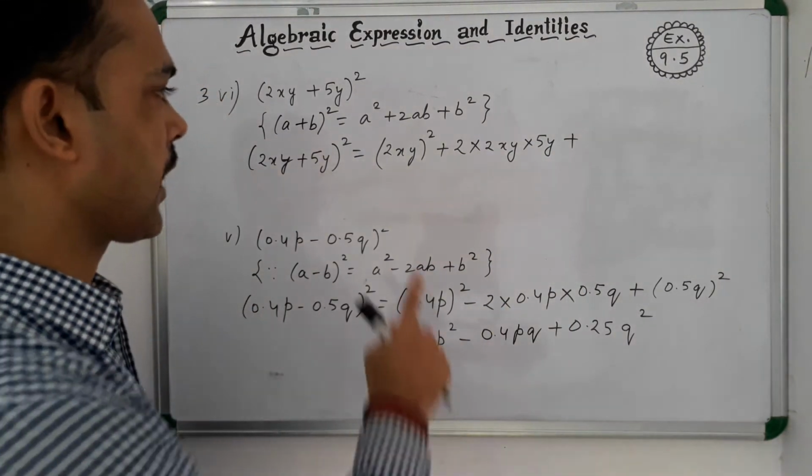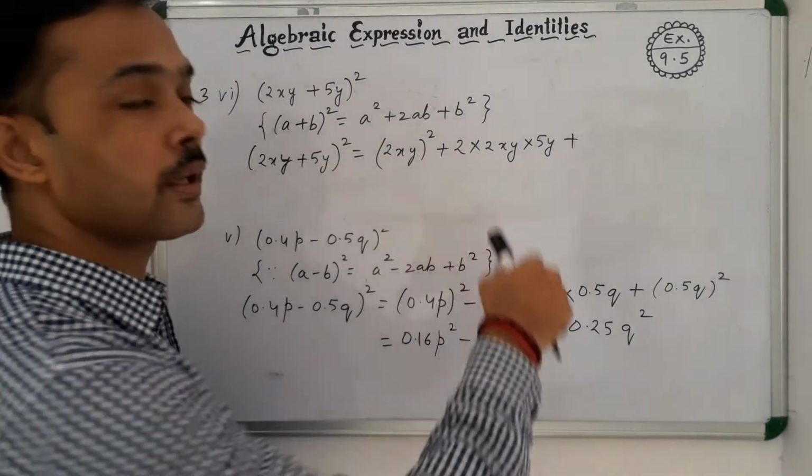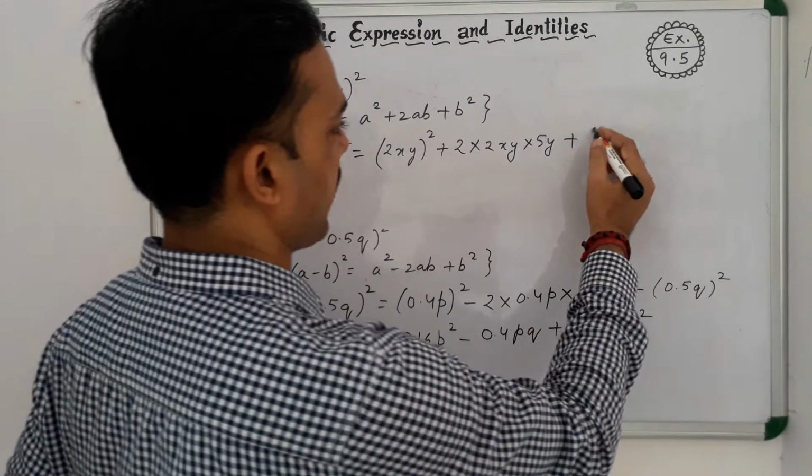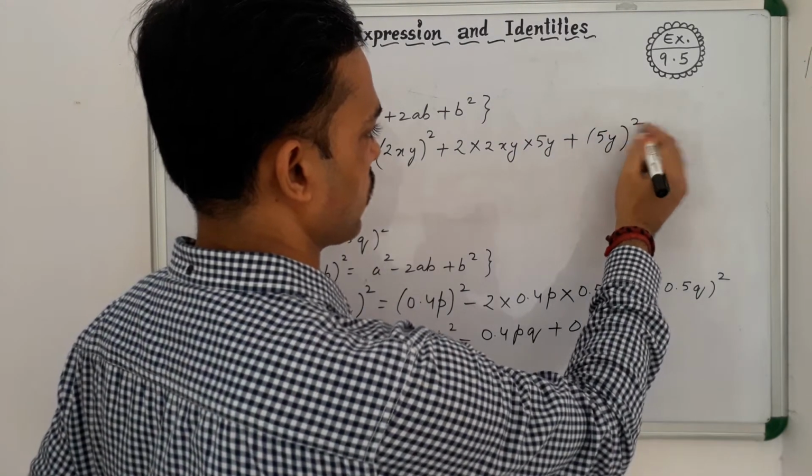Now turn is of b square, b value is 5y over here, so (5y) whole square.